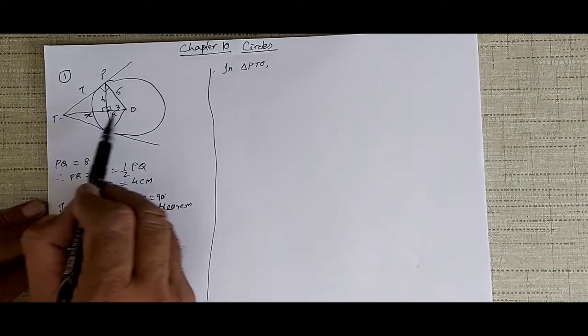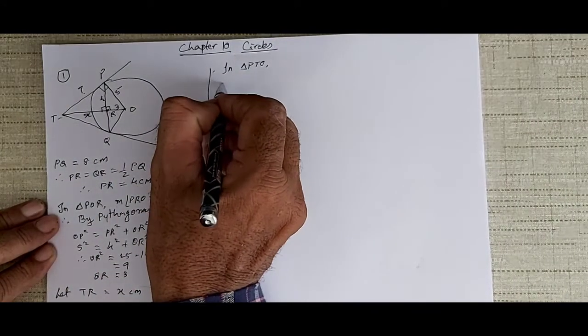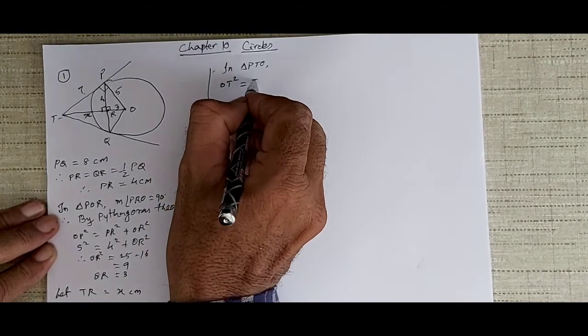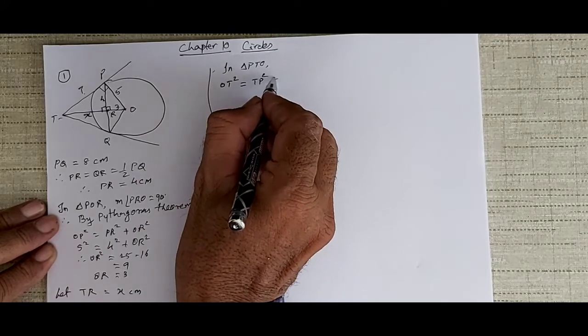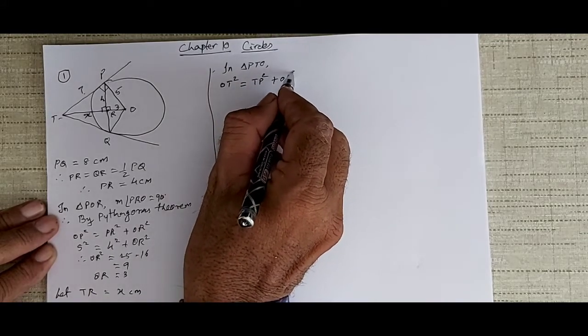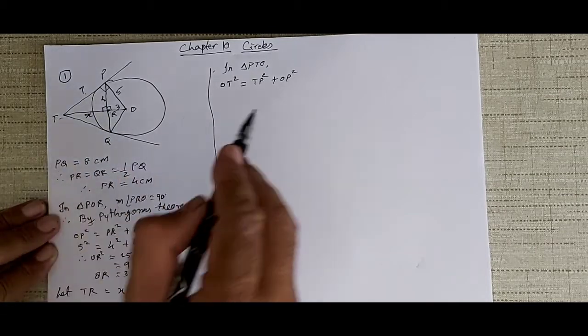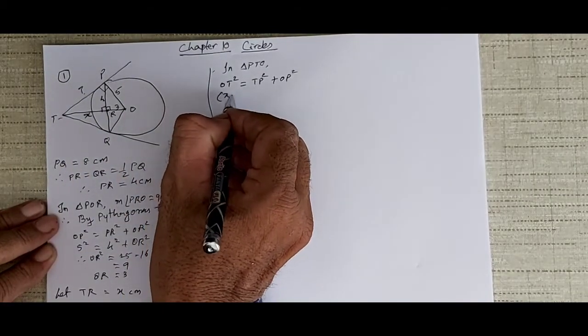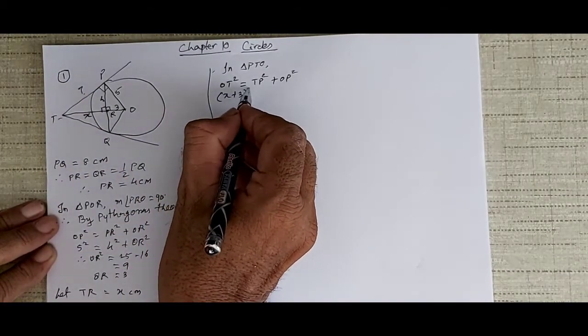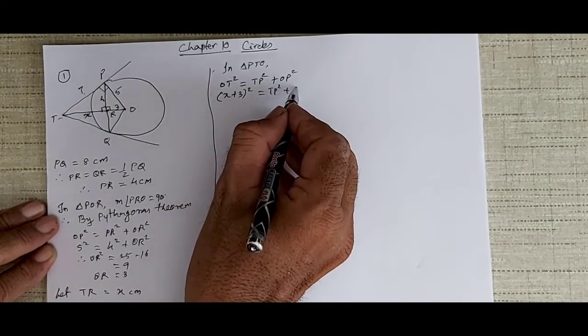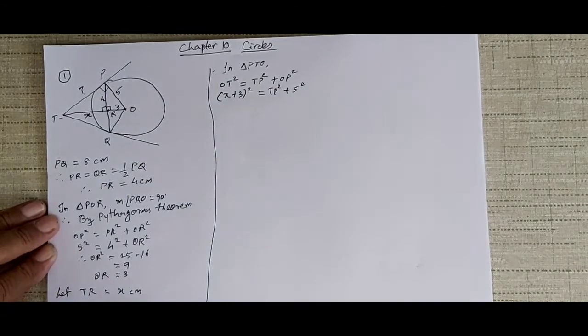Therefore, OT is the hypotenuse. OT square is equal to TP square plus OP square by Pythagoras theorem. OT is x plus 3. So x plus 3 whole square is equal to TP square plus OP square. OP is the radius, 5 square.